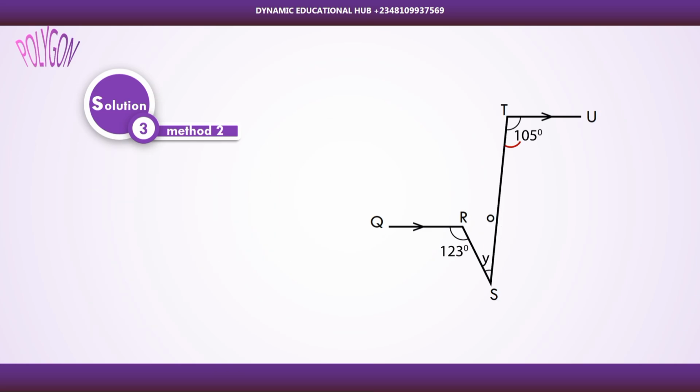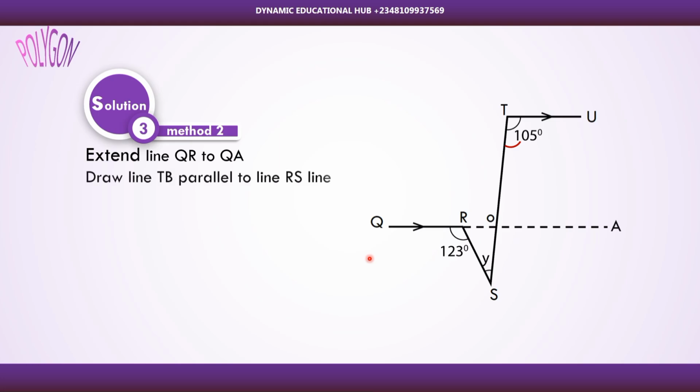For the second approach, we extend line QR to QA. Now, the second thing that we are going to do is we draw line TB parallel to line RS. So we are going to draw another line here, and we name the line TB, and the line will be parallel to RS here. So we have drawn our line.